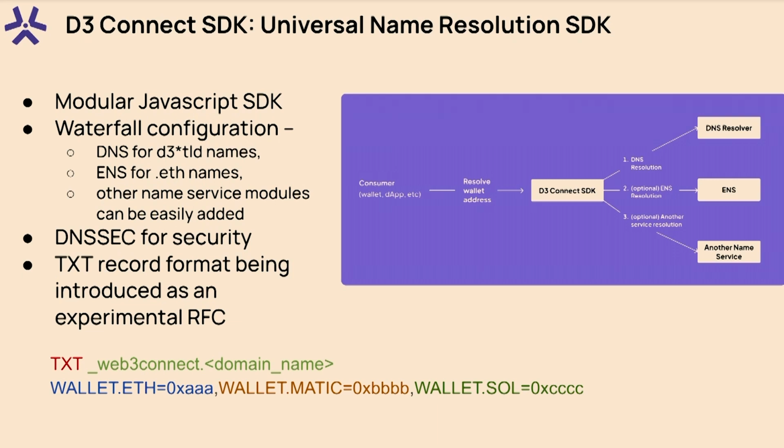And the format of the text records is as shown in an example where we use the hostname _web3connect followed by the domain name. And the value is a comma-separated list of blockchain to address mappings. We'll also be publishing this text record format as an experimental RFC, as we believe open standards will lead to the quickest path towards adoption.